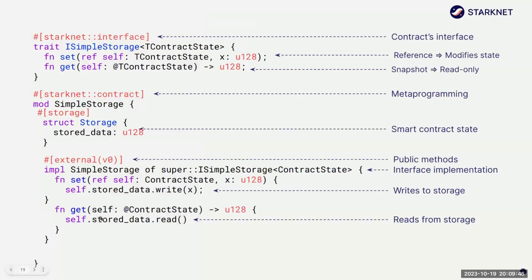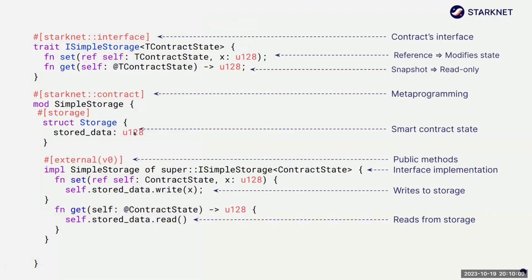But taking a look at a Starknet contract, the way you write it is quite different. You use the attribute #[starknet::contract] to define that you are writing a contract here. Then you have mod SimpleStorage.